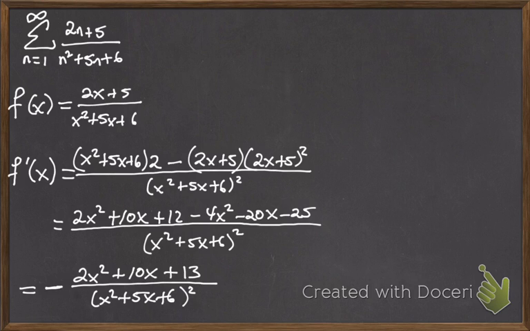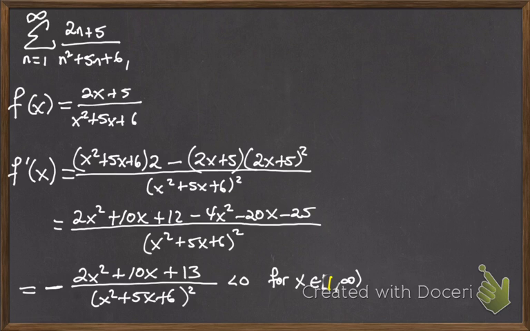And this is going to be negative on 1 to infinity, no problem. The denominator is always positive, and the numerator is always going to be negative on 1 to infinity. And that's all we need for the integral test. Oops, I said 0 to infinity. It's true there also, but for the integral test we'll need it for 1.